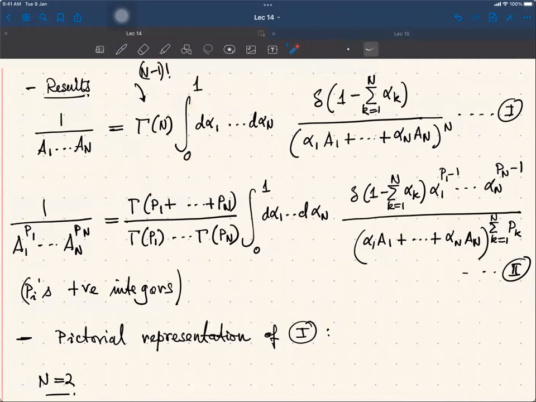And it is the inverse power of that combination, alpha 1 A1 plus alpha 2 A2, that is being calculated.